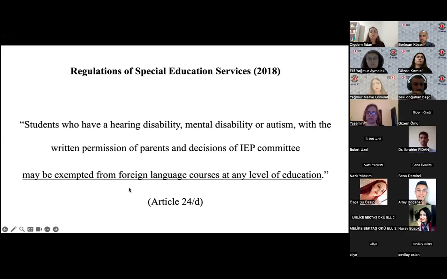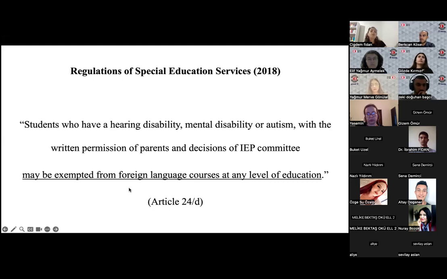Given that foreign language education is a compulsory course at the K-12 level, there is something here, flexibility given to teachers and parents, and with that they may exempt these students with disabilities from foreign language classes at any level of education.